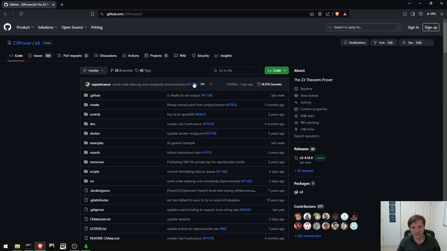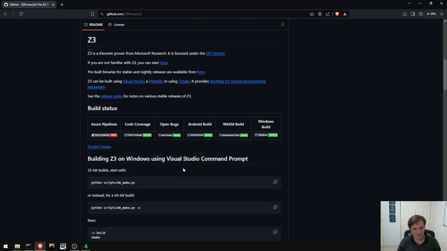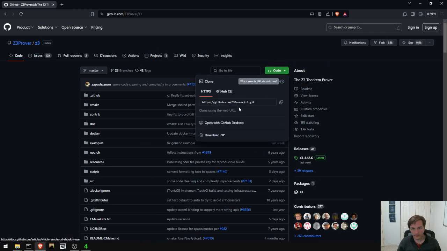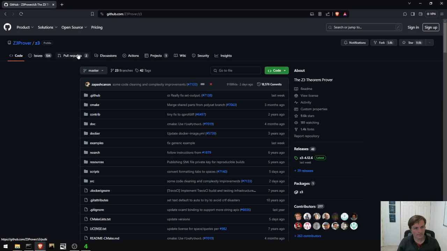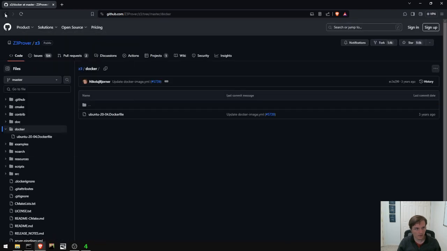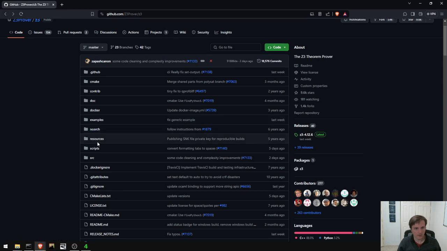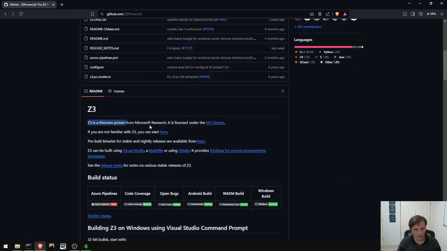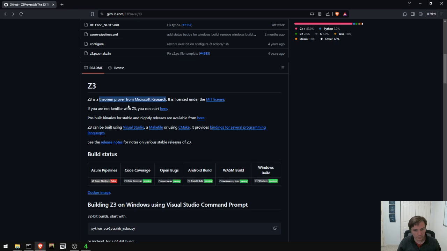Is there any way to tell on GitHub how many lines of code the thing you're looking at is, or how many megabytes of data is in the repository? I'd love to get an idea of how big this is. It looks like it's got Docker. It could be a fairly complicated package, which I would need to take time to get into. But let's see. Z3 is a theorem prover from Microsoft Research.